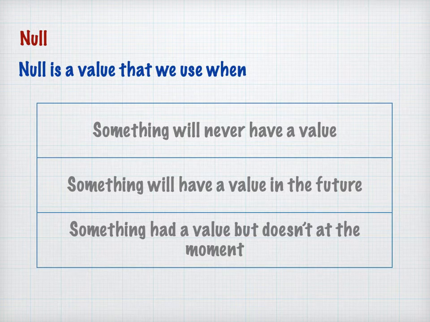You know, there could be somebody earning commission at some point, something like that. Or it could be something which had a value and is now null. And that's the problem with null, is there's a lot of intrinsic meaning to it. It depends on how it's used actually in the system.